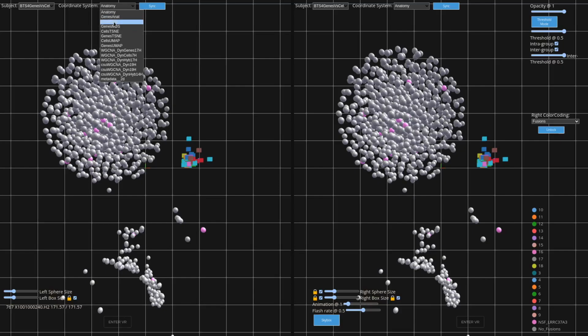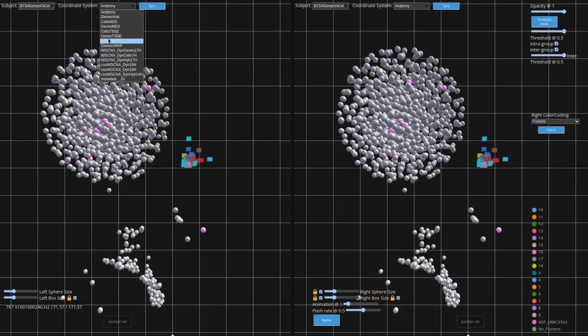So they don't have any actual anatomical coordinates, but the 3D positions of the cells are derived from a UMAP embedding of the high dimensional connectivity structure of the co-expression network analysis into a 3D space.